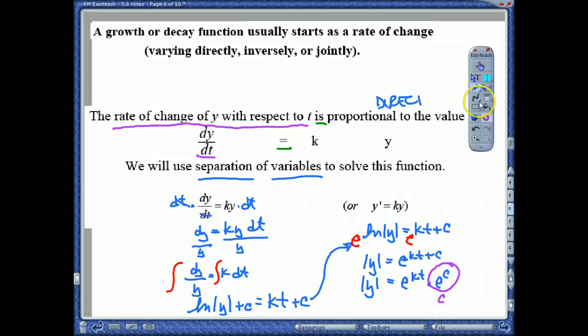Again, a lot of people will put c1 here and then rename this just normal c. Now through domain restrictions and so forth, you're going to see that this is just y equals c e to the kt, which brings us back to that original growth function.